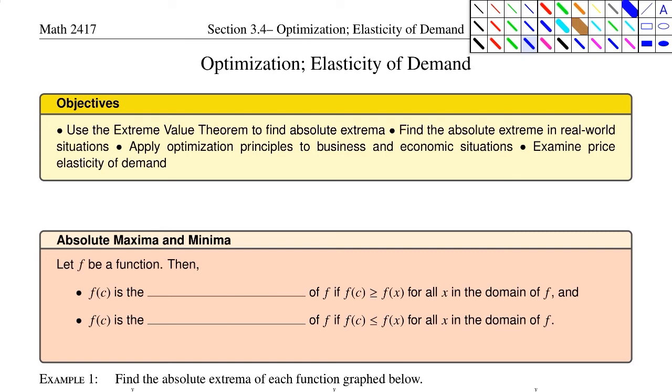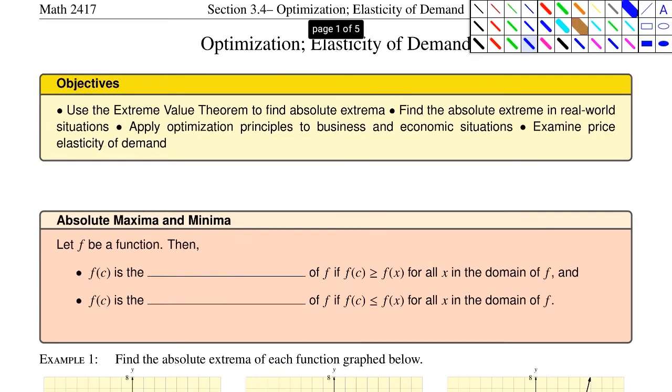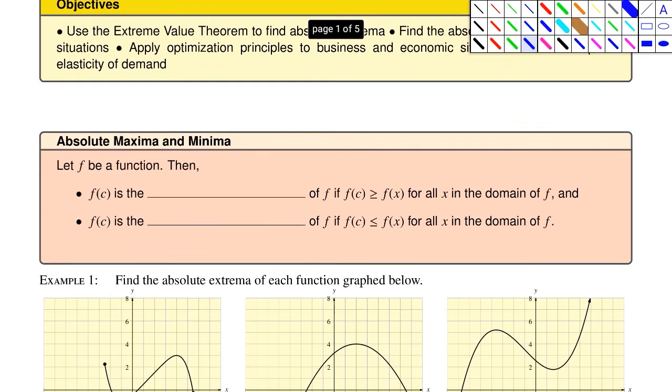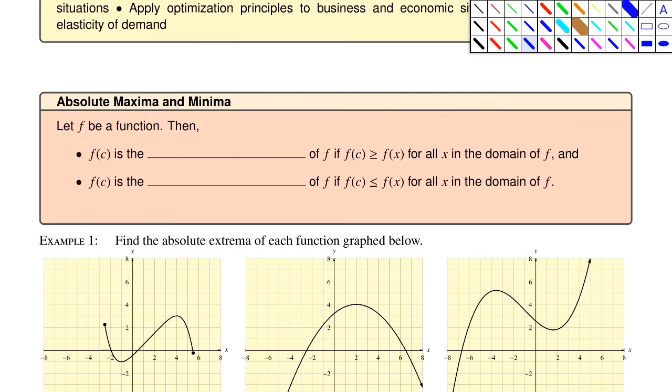So let's go ahead and get our definition of absolute extrema, and this is absolute maxima and absolute minima. Suppose we have a function f, then we say that f of c is the absolute maximum if f of c is greater than or equal to f of x for all the x's in the domain of f.